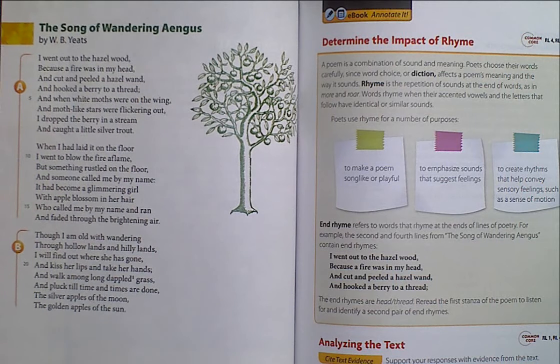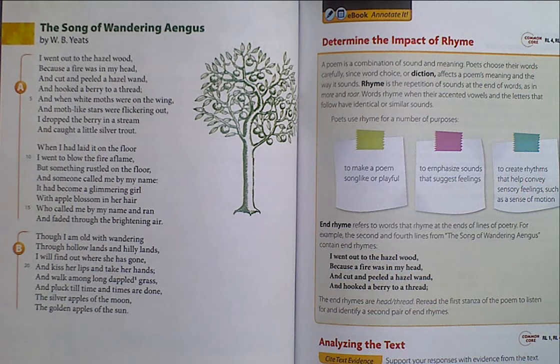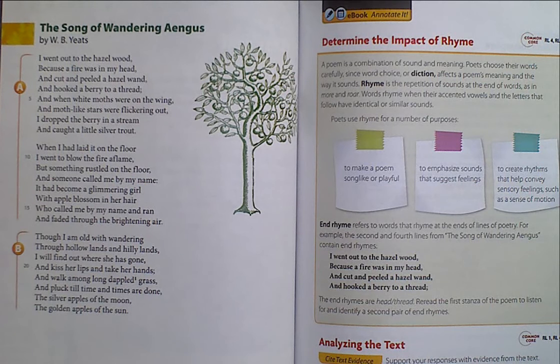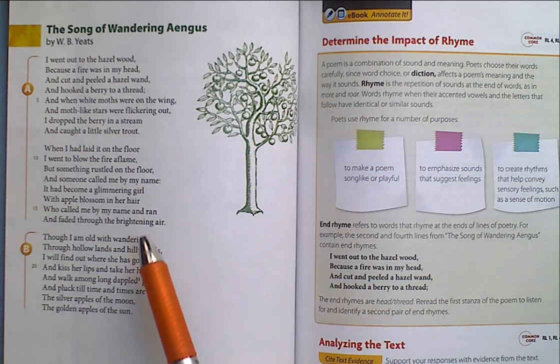I went out to the hazel wood because a fire was in my head, and cut and peeled a hazel wand and hooked a berry to a thread. And when white moths were on the wing, and moth-like stars were flickering out, I dropped the berry in a stream and caught a little silver trout. When I had laid it on the floor, I went to blow the fire aflame, but something rustled on the floor, and someone called me by my name.